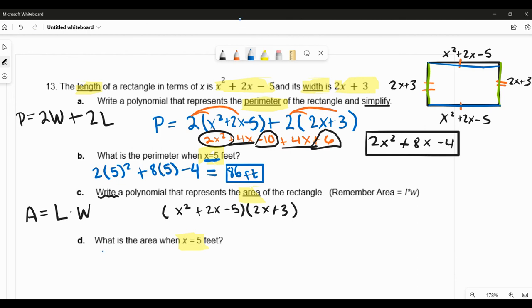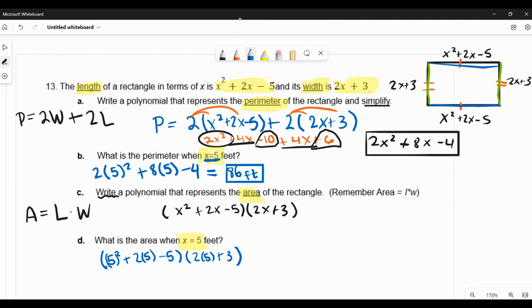So I'm going to, in my calculator, type in (5 squared plus 2 times 5 minus 5) times (2 times 5 plus 3). Now, I put all the parentheses in here because it's not so much of a deal when we have a positive number, but if I have a negative number, it causes issues when you don't put parentheses, so it's always a good idea to do that anyways.